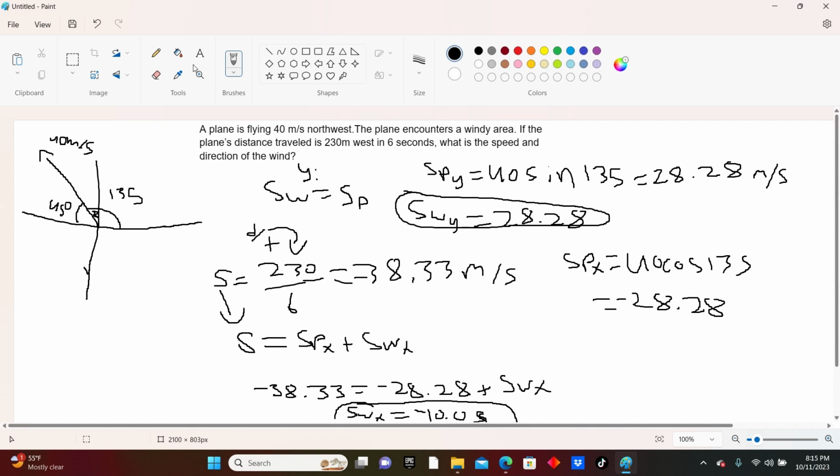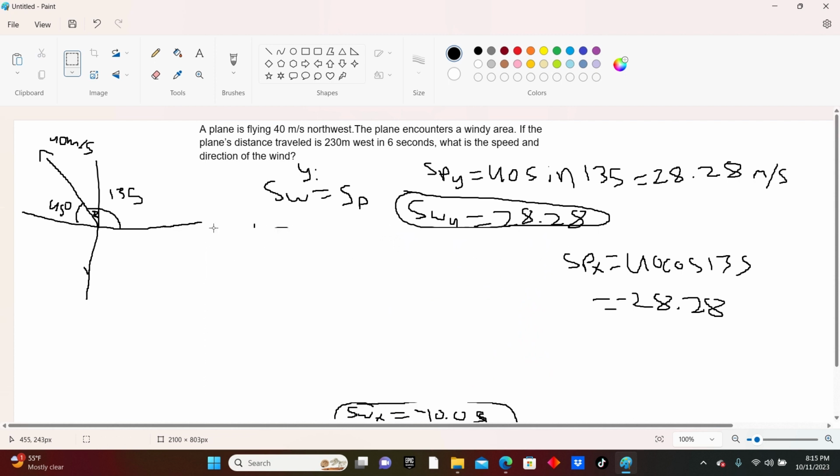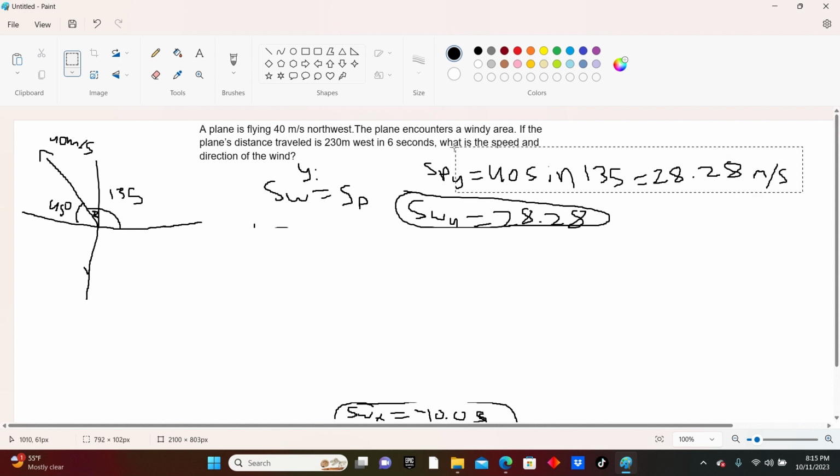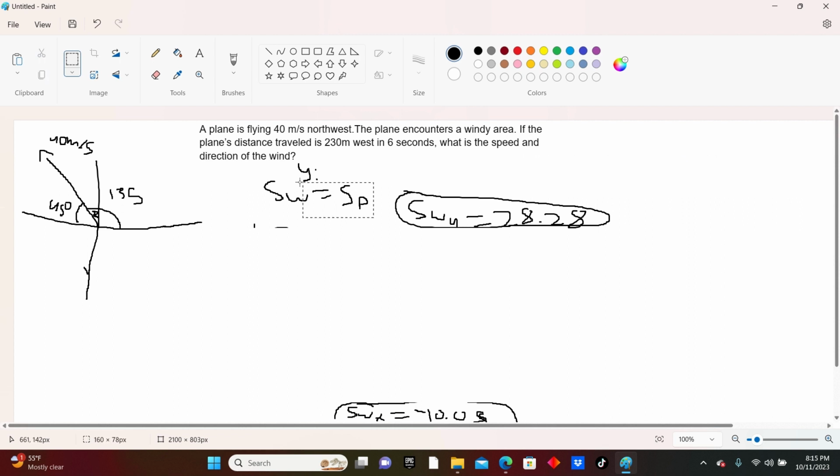So let me clear some space here, and I'll clear all this extra work out as well. Now all we have to do is set up a vector going like this.